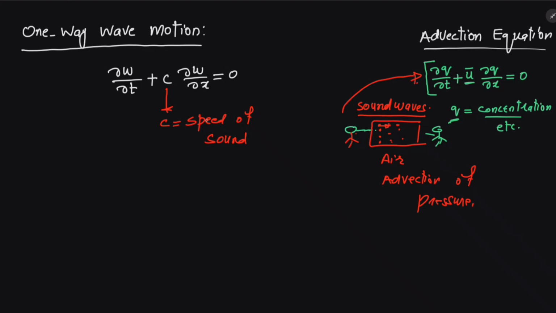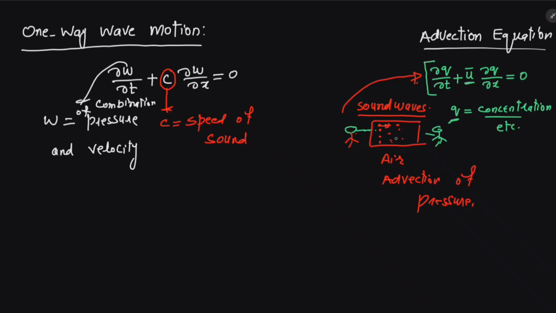So C actually represents this speed, and W can be the pressure. W is a combination of pressure and velocity.